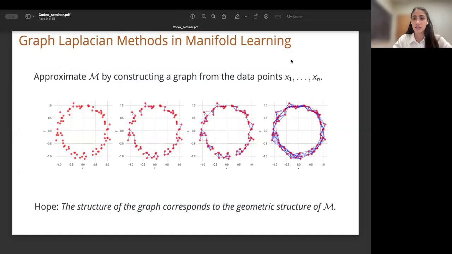And the idea is that we're going to do this by approximating the manifold by constructing a graph from the data points. So if we start here with some random scattered points and we start connecting the dots, we see that this starts to resemble a circle or maybe just like an annulus. So we hope that the structure of this graph is going to correspond to the geometric structure of the manifold that our data is coming from.